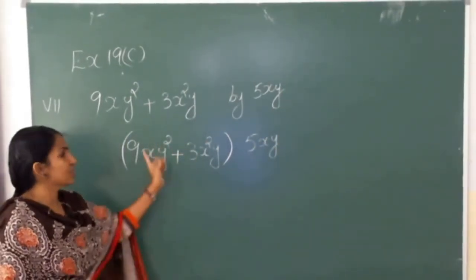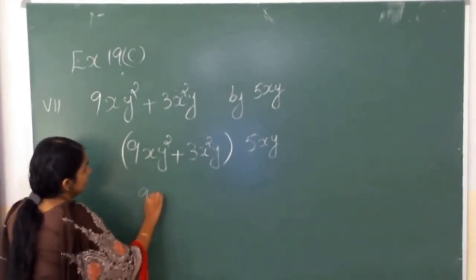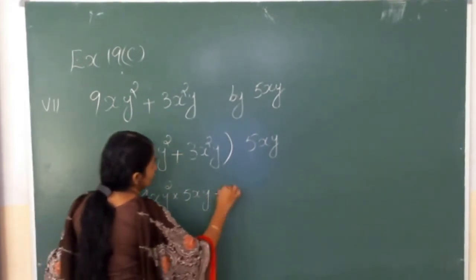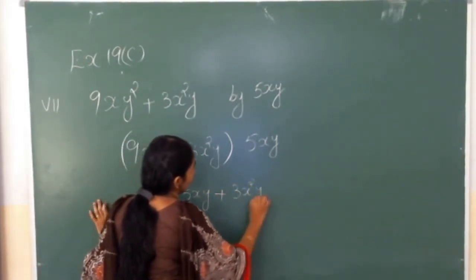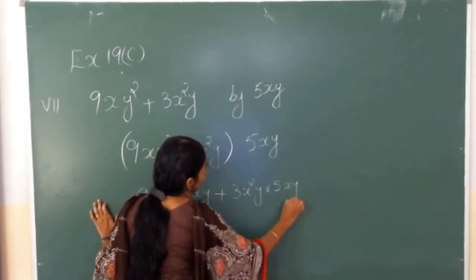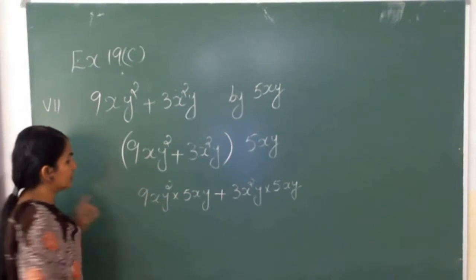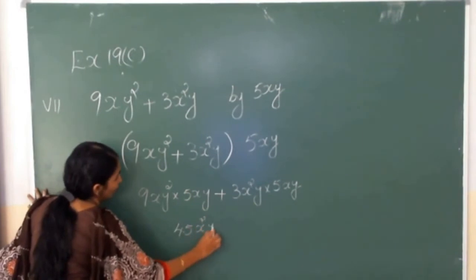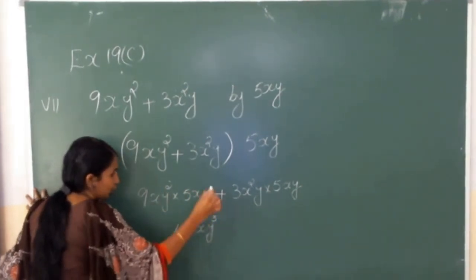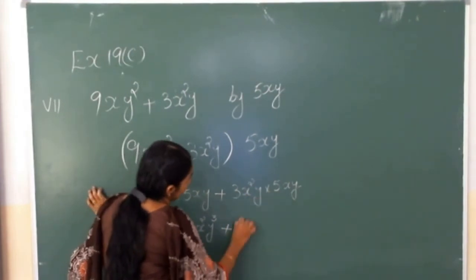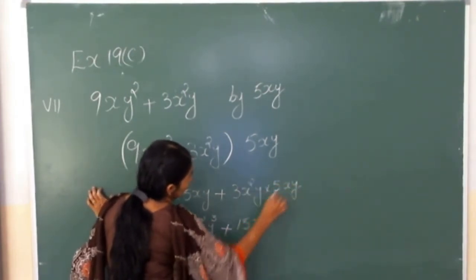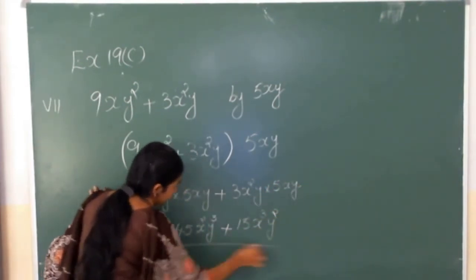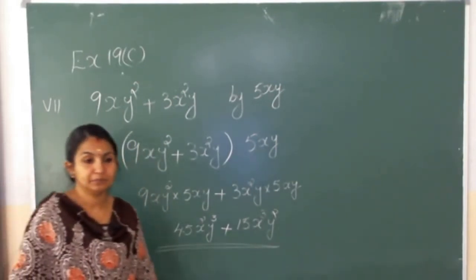Now multiply each term with this 5xy. 9xy square into 5xy plus 3x square y into 5xy. 9 5s are 45. x, x square, y square plus 1 is y cube, plus 5 3s are 15, x raised to 2 plus 1 is 3, and y raised to 1 plus 1, it's 2. So, we got the answer.